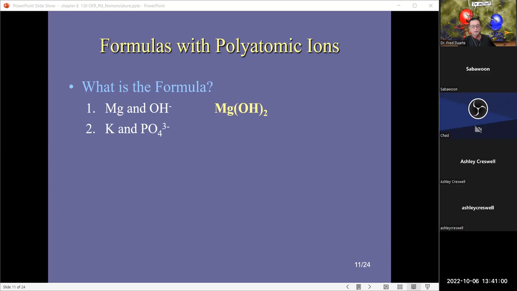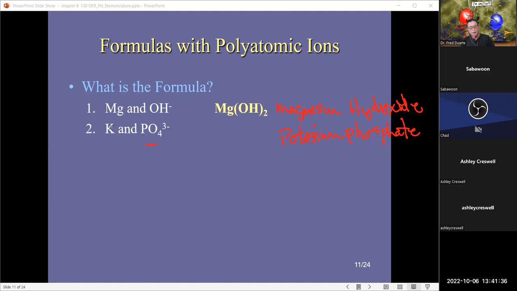Okay, here's the next one. We got the phosphate. Take a look at the polyatomic ion table, you'll find it there. Hydroxide is its name. This one's called the phosphate. Okay, and we know that's going to be potassium. So its name will be simply potassium phosphate.